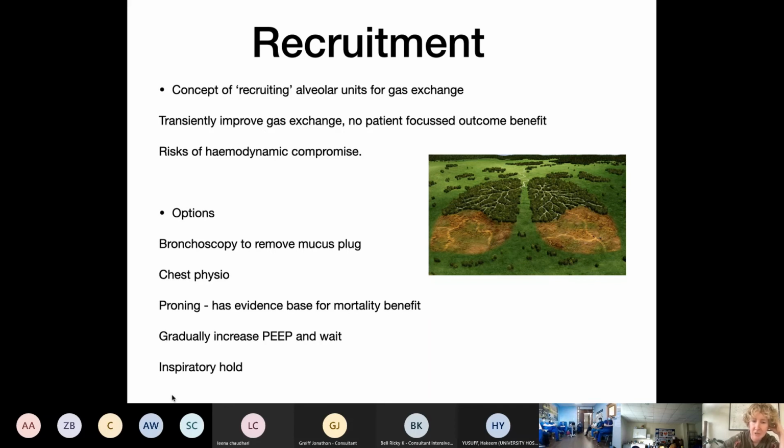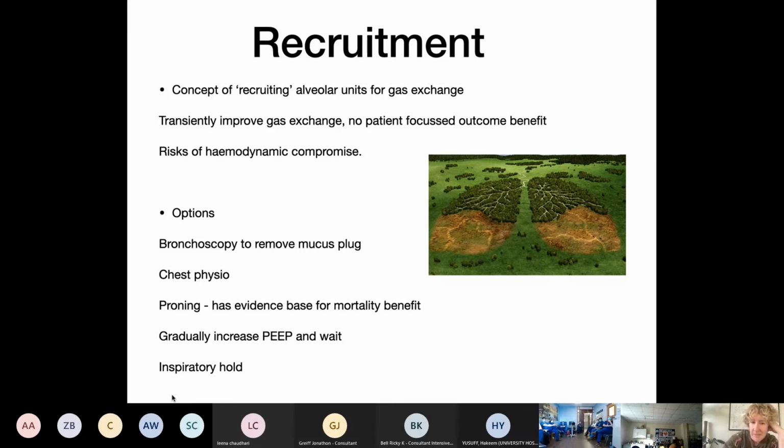And you can gradually increase the PEEP and wait and slowly see, because if the PEEP that you've got set at the moment is allowing that collapse and reinflation to happen, it would be more optimal to have the airways held open, and that's achieved by increasing PEEP. And you can do that in a kind of couple of centimeters of water and wait kind of approach.